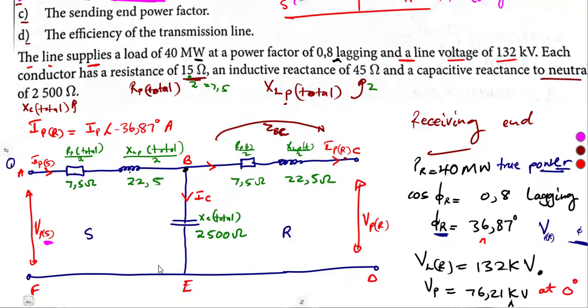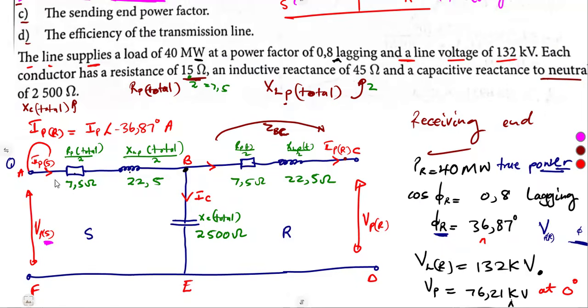In this case, we do not have VAB. We never calculated the voltage across A and B. We only have the impedance and also the current. Here we said these impedances are the same, but the currents are different.